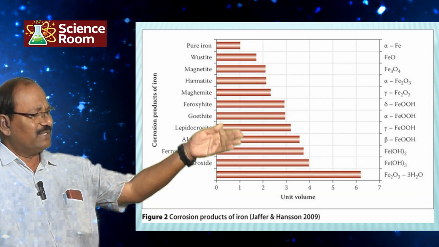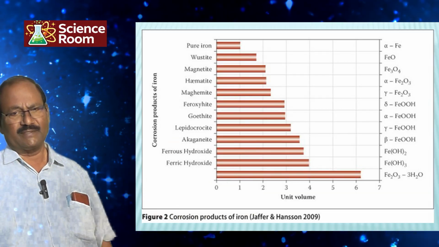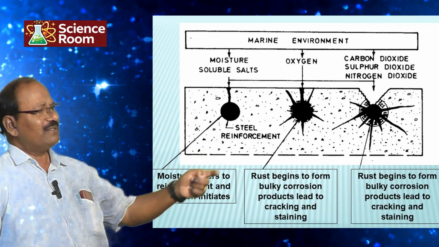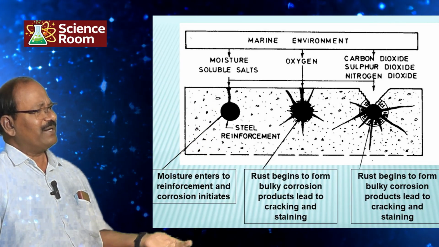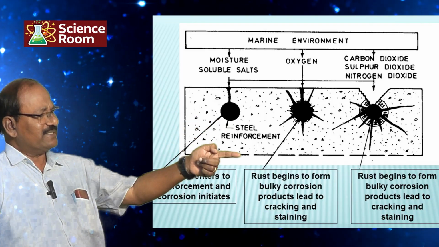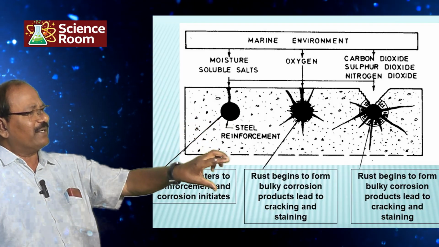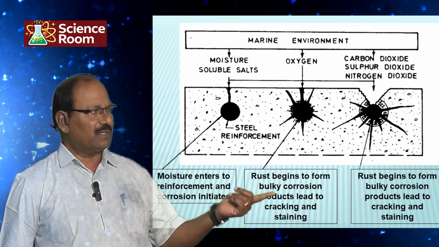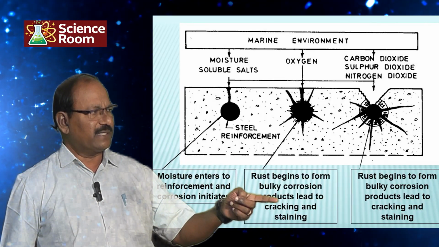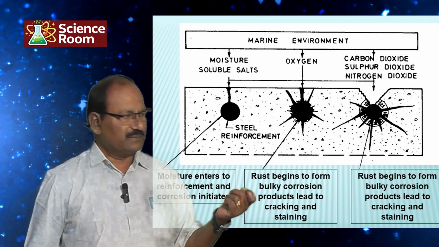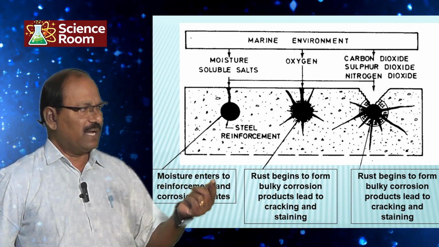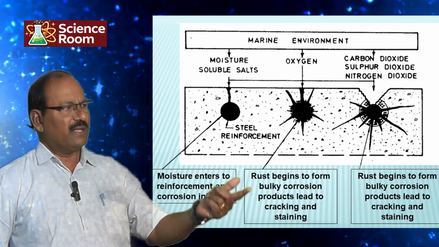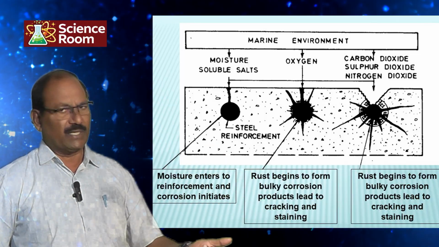See, I told you the moisture and the soluble salt from the marine environment go there. They reach the steel and get accumulated, and oxygen also helps. Then it gets cracked due to the rust product, the rust product keeps accumulating, and it gives a crack. And third, spalling takes place.